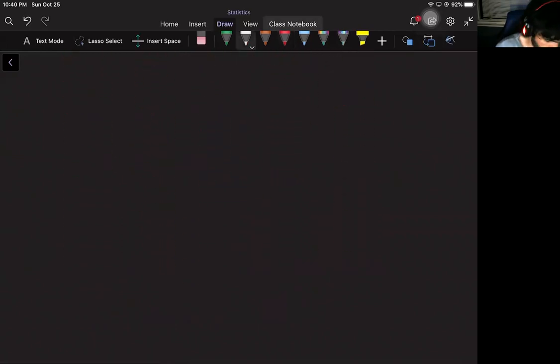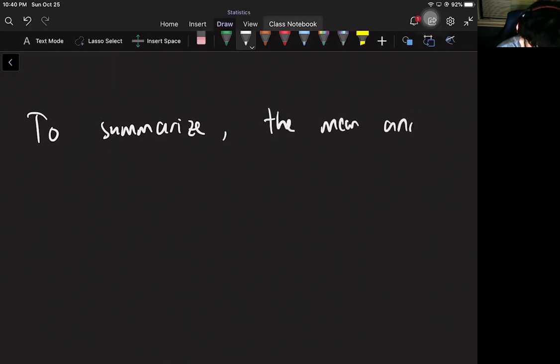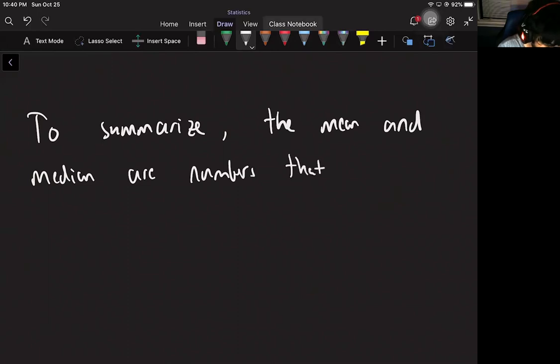All right, so just to summarize everything for today. The mean and median are numbers that represent a typical data point.